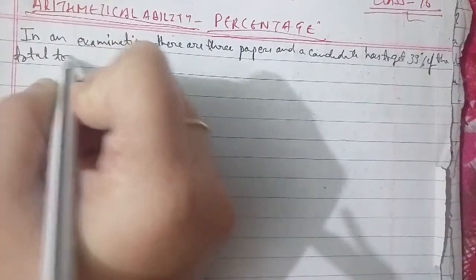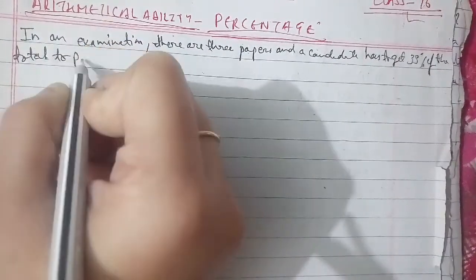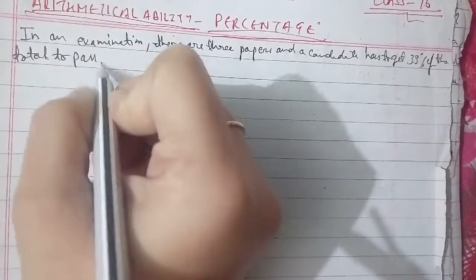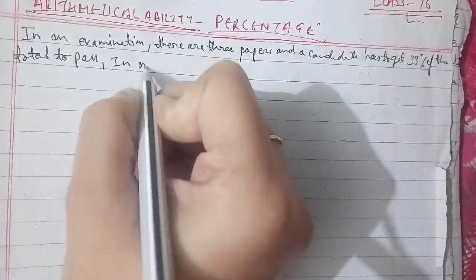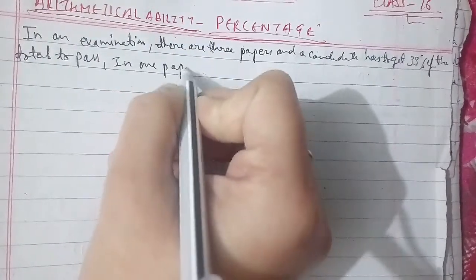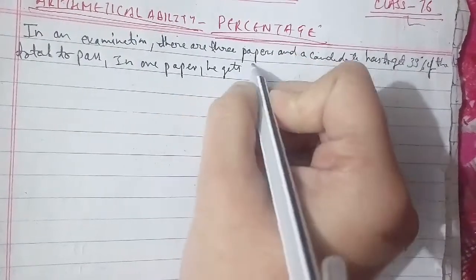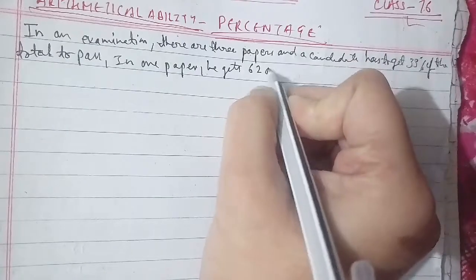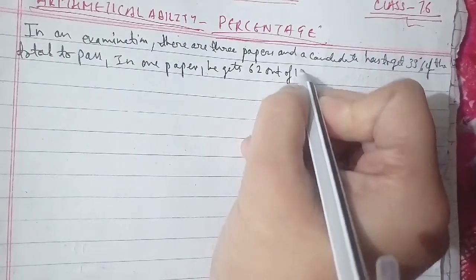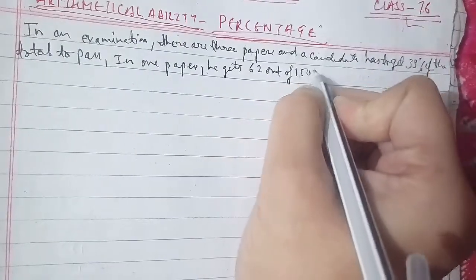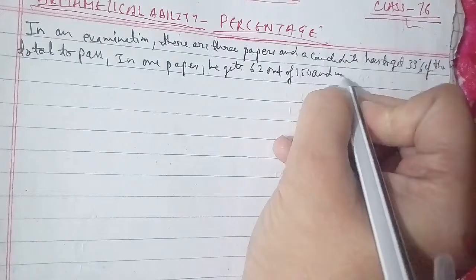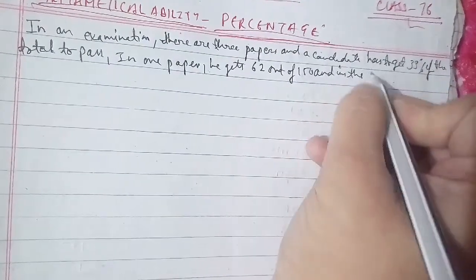In one paper he gets 62 out of 150, and in the second 35 out of 150.